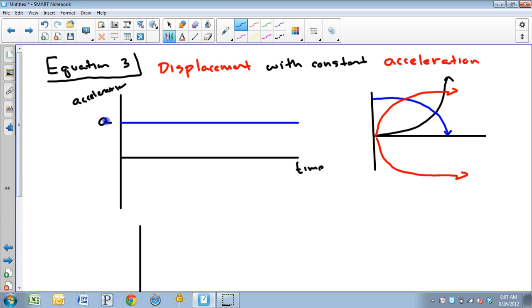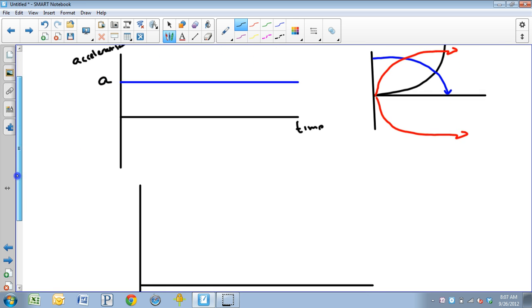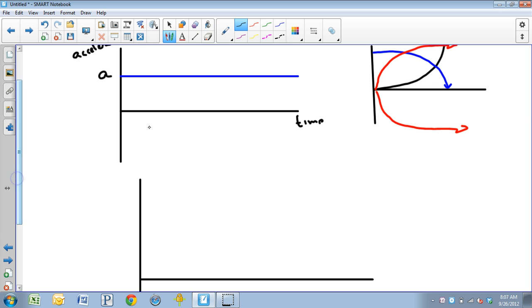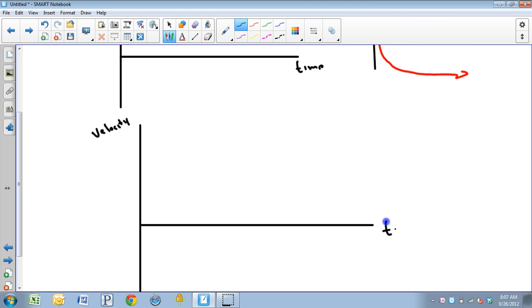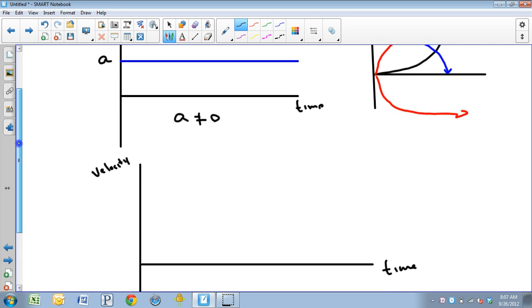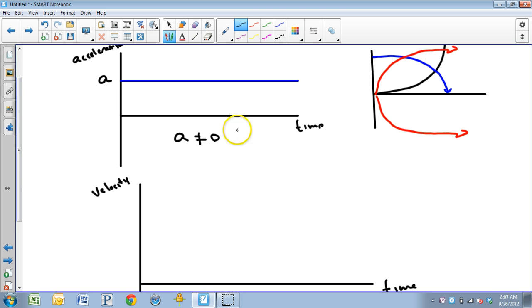And we're going to call this acceleration A. Now, if we took this acceleration graph and we converted it to a velocity graph, velocity versus time, up here we see that A is not equal to 0. We have a non-zero acceleration up here. So what does that mean down here? Go ahead and pause the video and think about what that means for the slope of this graph down here.